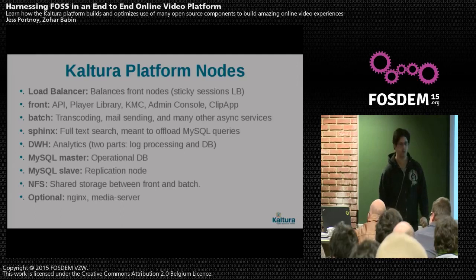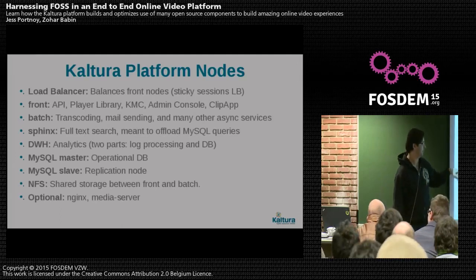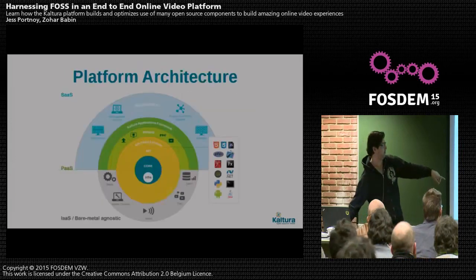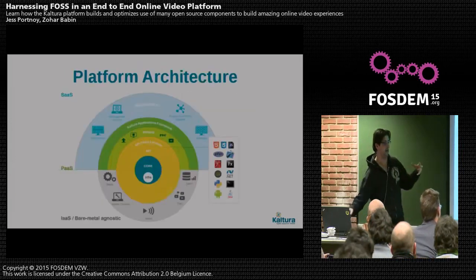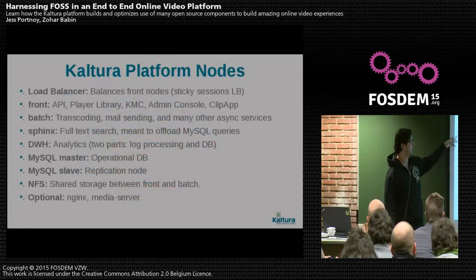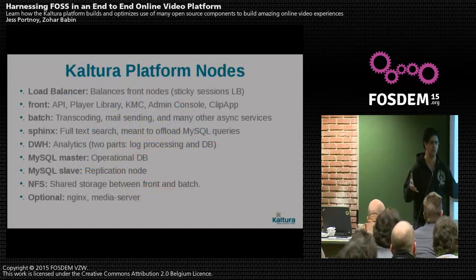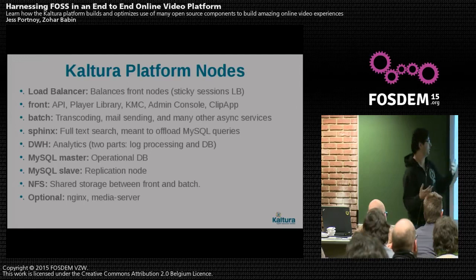So what are the platform nodes? Basically, if we go back to the slide for the architecture, right? So what are the servers that are running in the cluster? We have a load balancer, obviously. The front machines are the machines that are basically handling the API layer and serving the applications, so players and things like that.